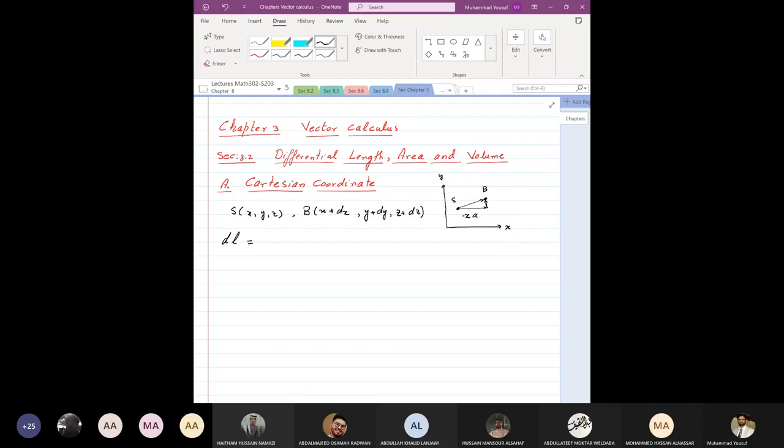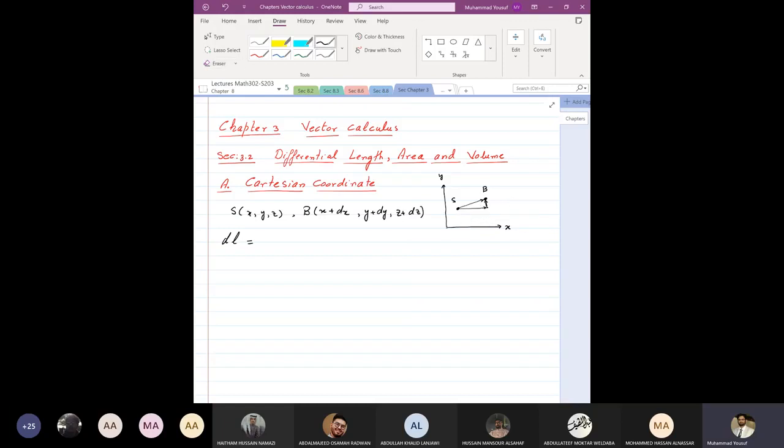How do we compute the vector from S to B? x plus dx minus x. So what's left is dx, dx ax, that is, how much is the change. And here how much is the change? dy, and a unit vector in the y direction. So this vector from S to B is equal to dx ax plus dy ay. Okay, this small vector from S to B.